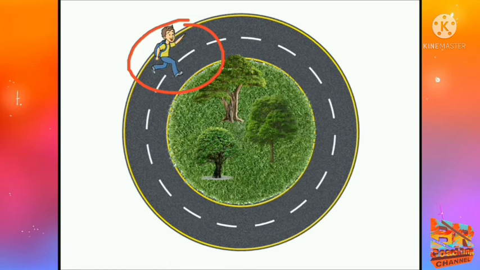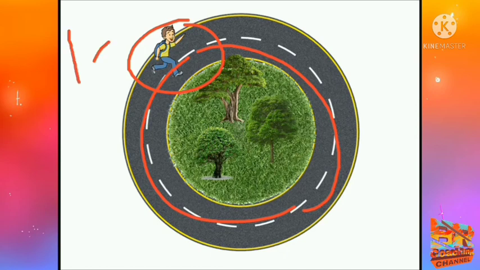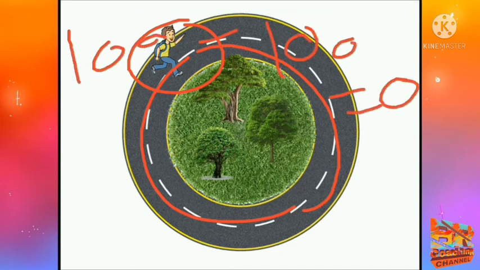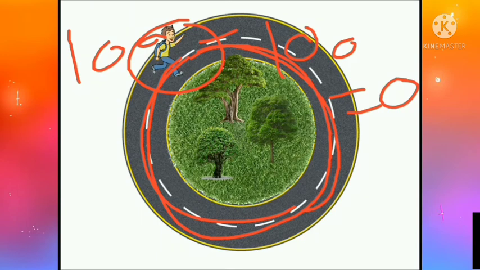Now what is the displacement? Okay, see here, 100 meters minus 100 meters, that is 0. That means, my dear children, displacement is 0 on the circular road. In a circle the displacement is 0 because the starting point and ending point are the same.